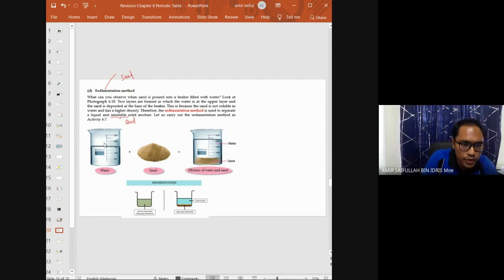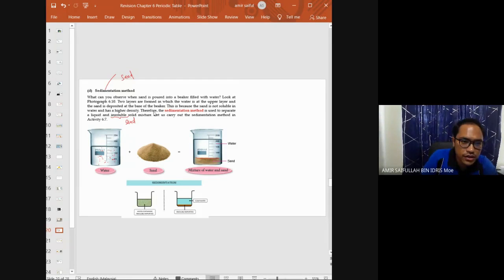First you put the water that is already mixed with a lot of sand inside here. Then you wait for about 50 minutes or 1 day. After that you can see all the sand will be separated and collected at the bottom of the beaker.